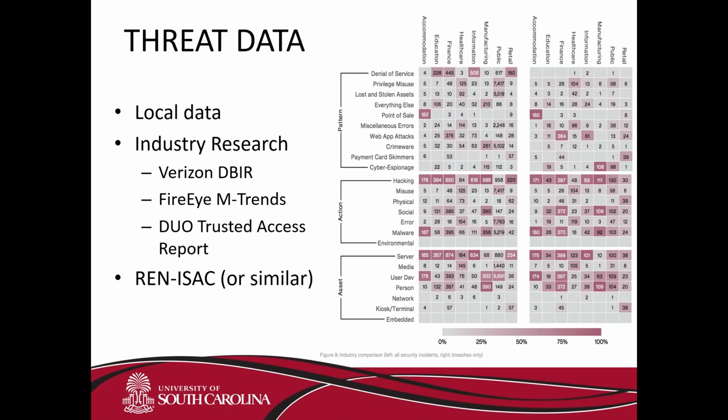Yeah, so the column on the left are security incidents. These are incidents that didn't involve the compromise of credentials or the breach of data. So, for example, one of the big things you see is this denial of service attack. It affected our availability, but it didn't result in a confidentiality disclosure or a breach of data.